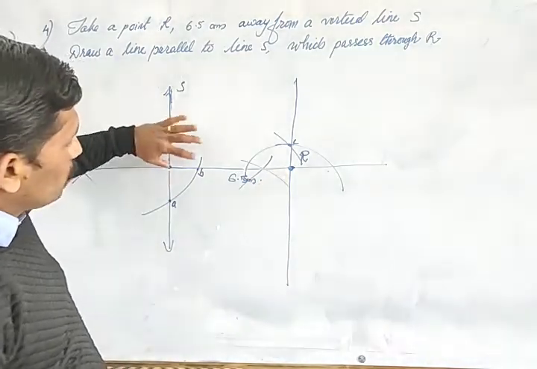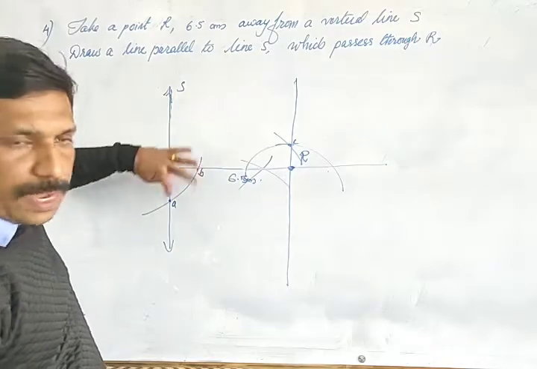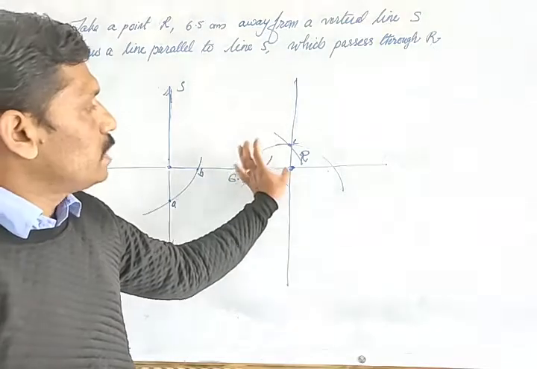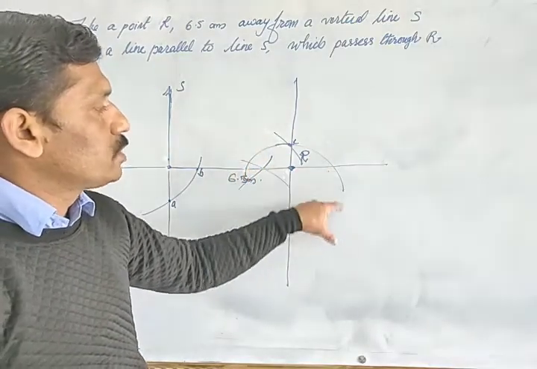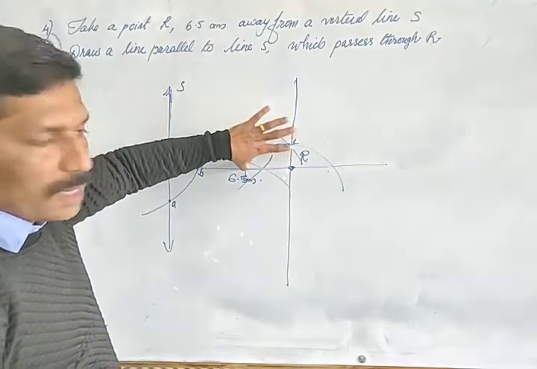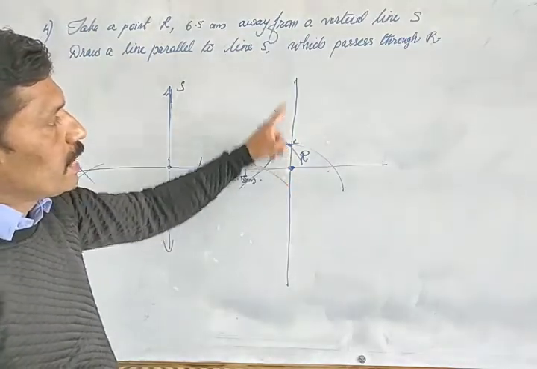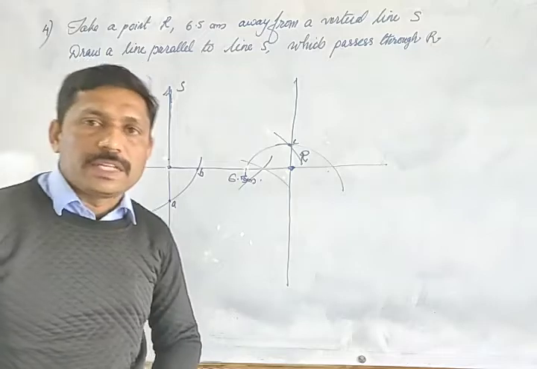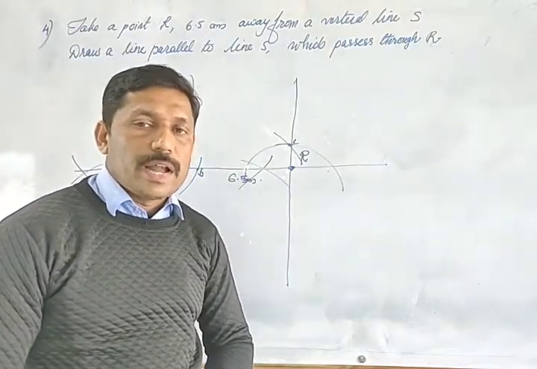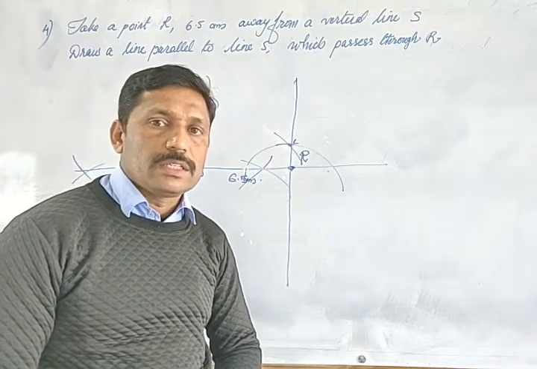For that we keep the compass here at a suitable radius. We make an arc here, and then with the same distance at this point again we make a semicircle, and this distance we measure and keep the compass at this point and cut this. At this point you get these two points, you join them together with a line. In this way we can make a parallel line to a given line. I think students you understood it.